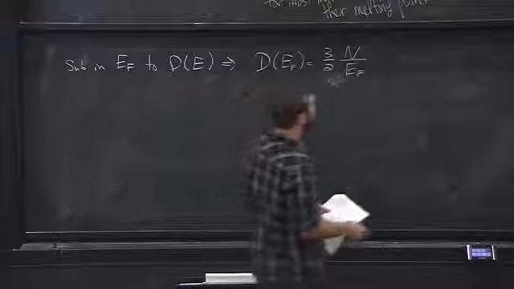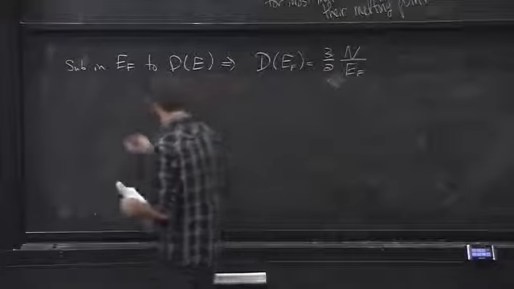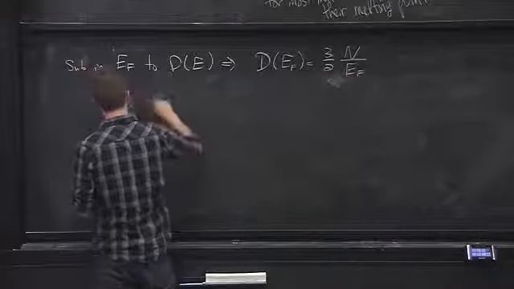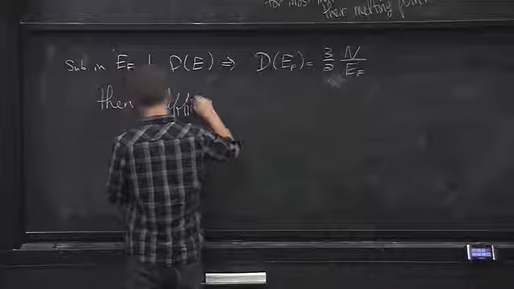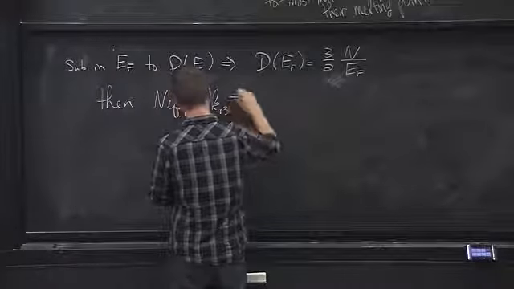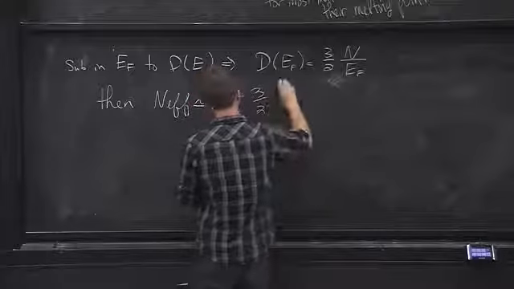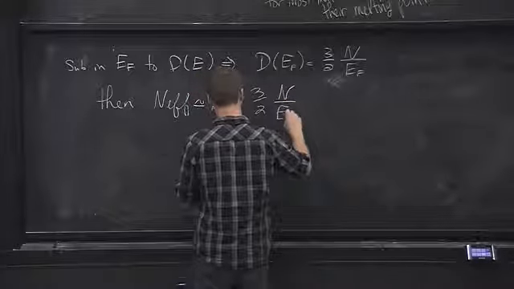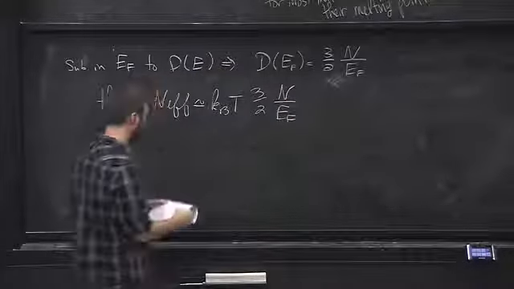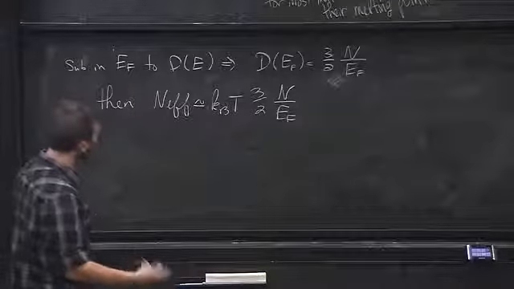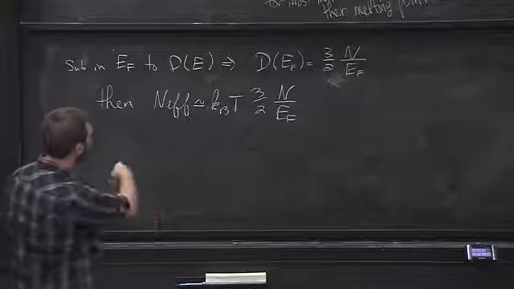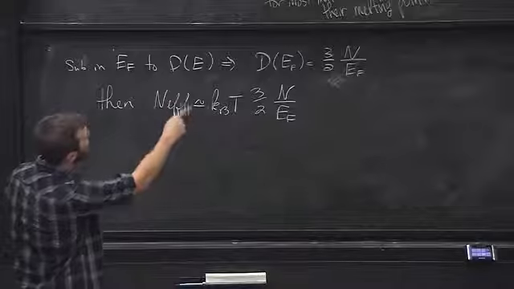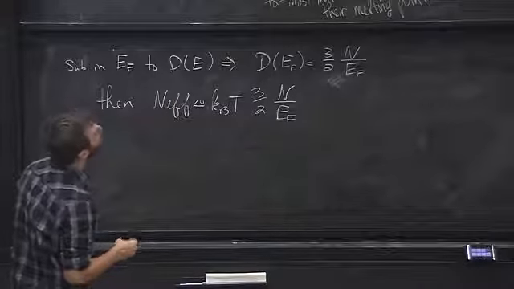So then N effective, the number of effective degrees of freedom, so from equipartition of energy, let's plug in this N effective into my formula up top there.